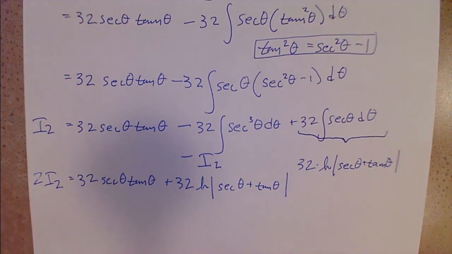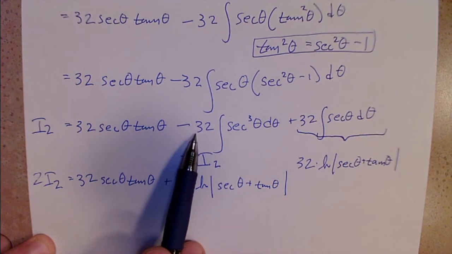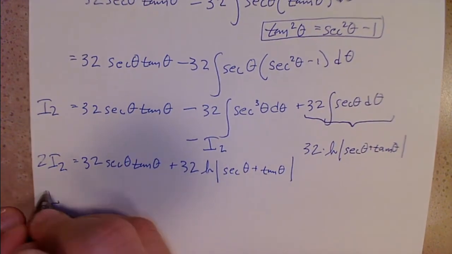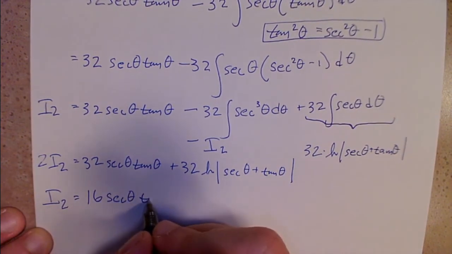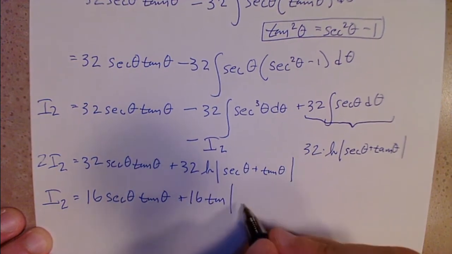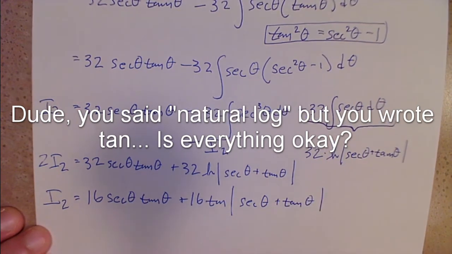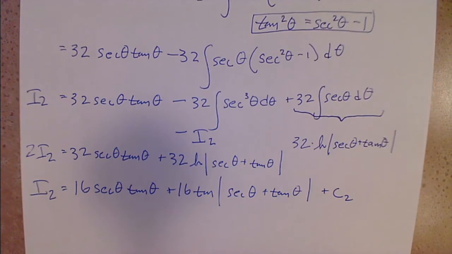And hopefully you can see what's about to happen. I have no more integrals. I actually just solved it algebraically because I treated the integral of secant cubed theta with a 32 out front like an algebraic object. And so I can divide both sides by 2, and I get that I2 is 16 secant theta tangent theta plus 16 times natural log of the absolute value of secant theta plus tangent theta, and then plus C2, because I'm done with my integral.